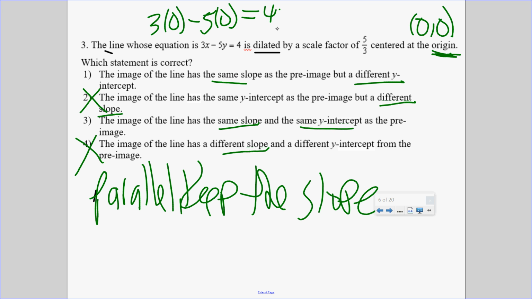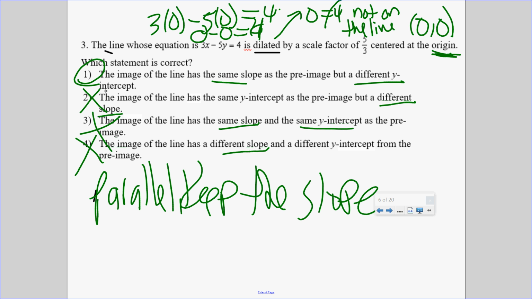I'm a little scrunched here, but what else? 5 times 0 is 0. 0 minus 0 is 0. 0 is not equal to 4, so it's not on the line, which means my y-intercept is different. Same y-intercept, no. Choice 1 is my answer.